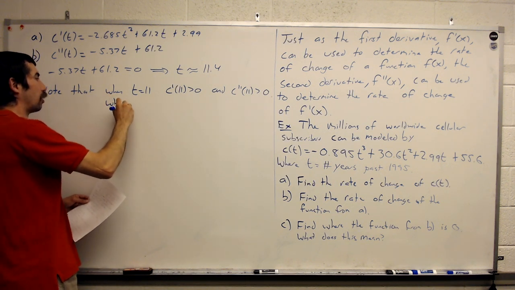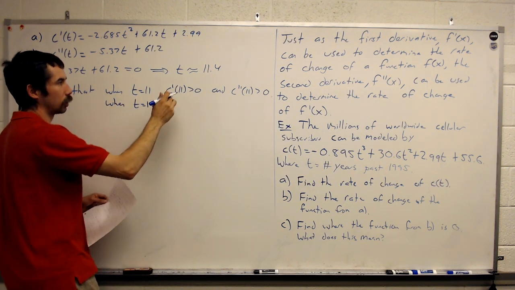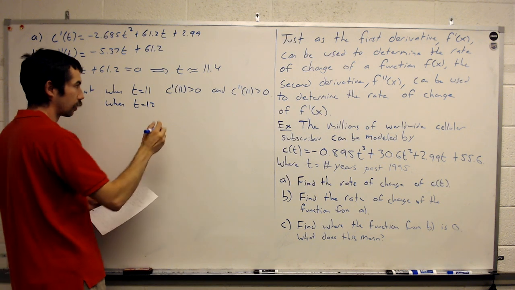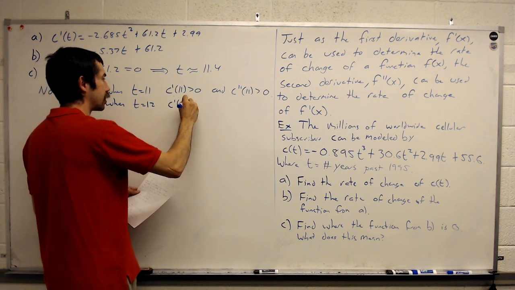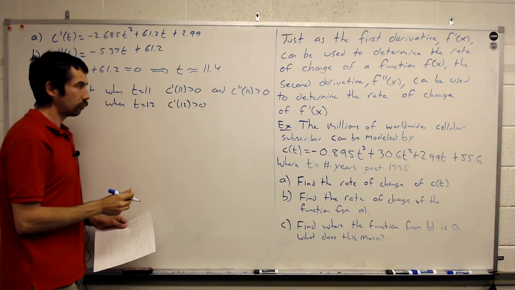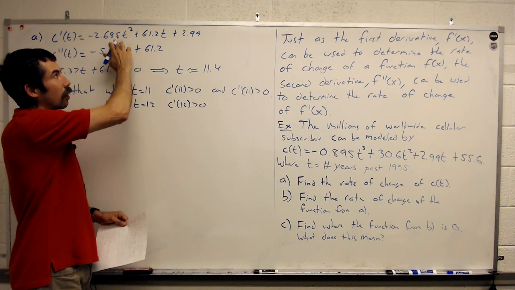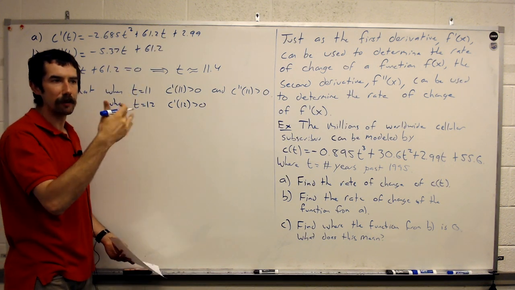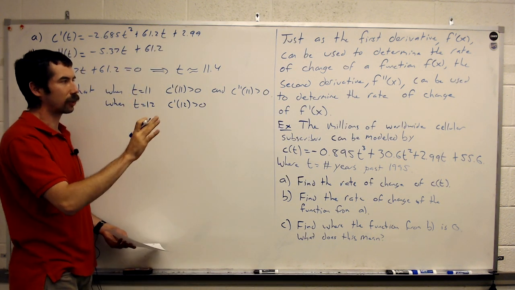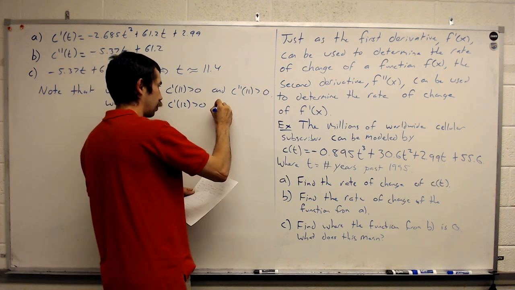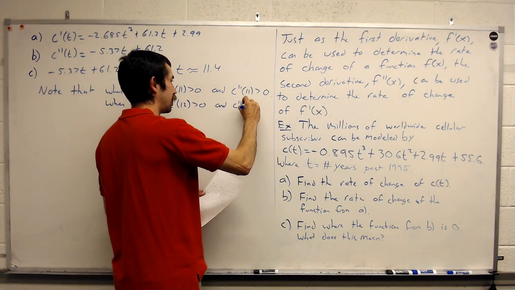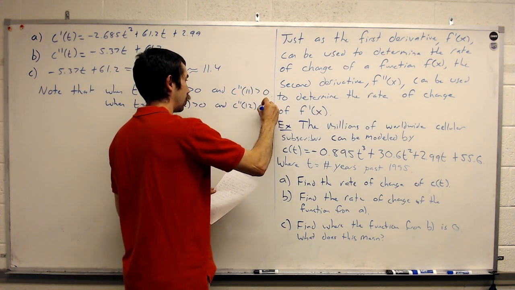When t equals 12, so just bigger than 11.4, the number of subscribers is still increasing. Type this into our derivative function, it's still going to be positive. The number of cell phone subscribers is still increasing, but the second derivative is negative.